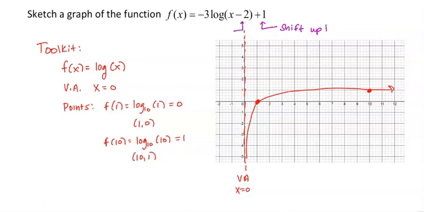Having this minus 2 on the inside of our function means that we need to shift right 2 units. And then having this -3 out in front tells us two things. The negative tells us that we need to reflect in the vertical direction. And because it's a 3, we also need to stretch by a factor of 3.